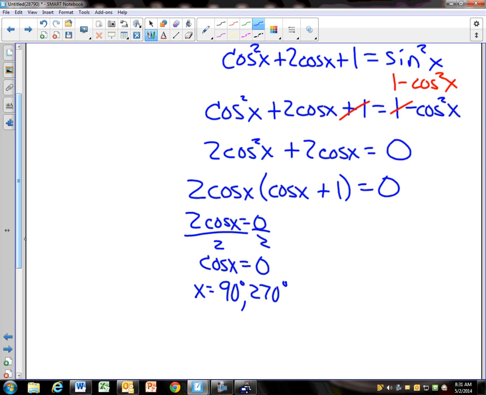And then we've got cosine of x plus 1 equals 0. Where is cosine of x equal to negative 1? 180. We got 3 answers. Anybody want to guess which ones stay and which ones go?